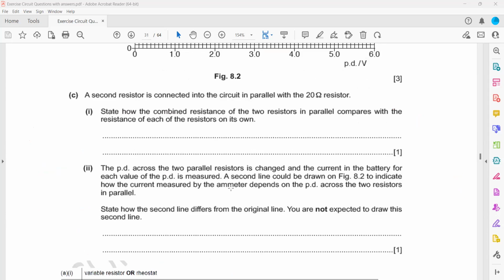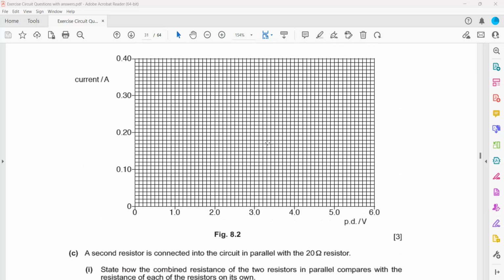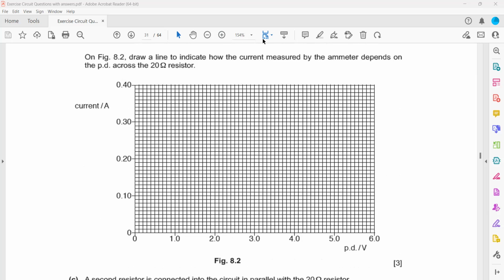So how does the combined resistance of two in parallel compare with the resistance of each resistor? That combined resistance will decrease. And how will the second line differ? It will be curved if there was a filament, or if it is a thermistor. But this was the first graph, which had a resistance of 20.